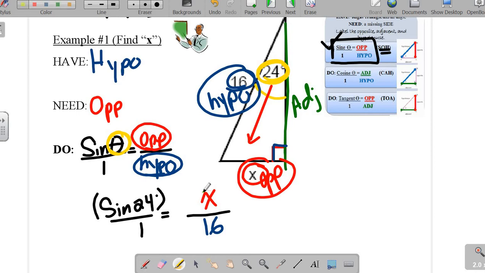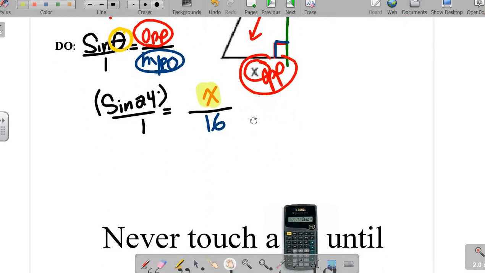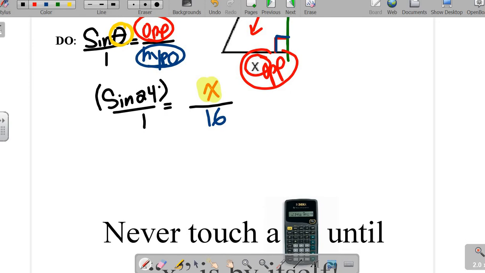Now, we're going to solve for x here. We have a regular proportion, so we cross multiply. Rockstar. Thank you.